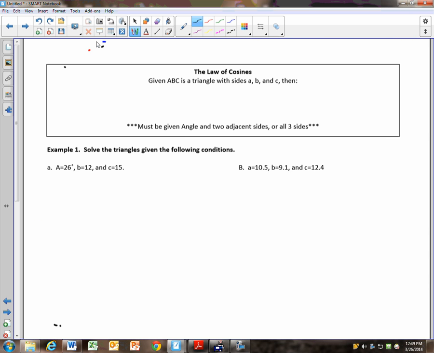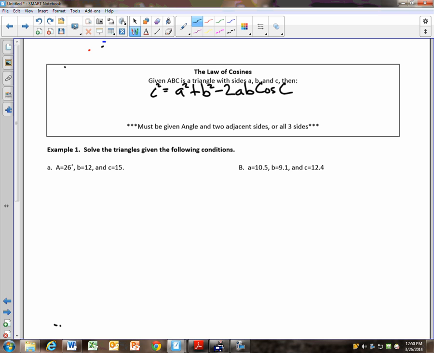Law of cosines. Traditionally, the 3 ways it is written is as follows. C squared equals A squared plus B squared. What does that look like? Pythagorean Theorem. Minus 2 times AB times the cosine of C. You could also write it, instead of solving for side C, you could solve for side B. Now before we do that, look here, okay?